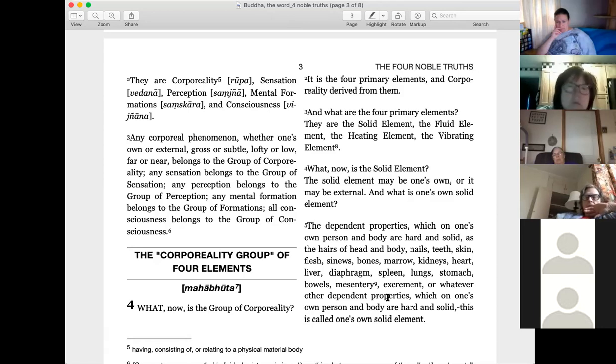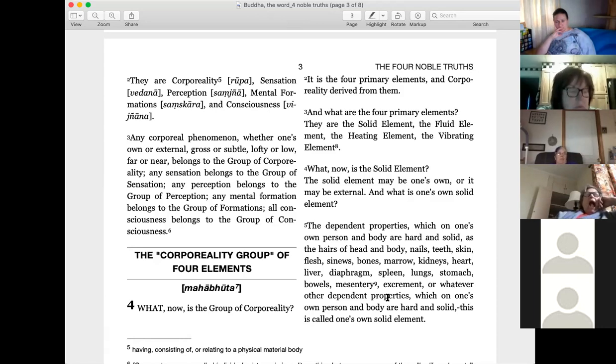So we need all 5 of those things working together to have what we call a human experience. And we would probably continue to say that any sentient being on our planet would require those 5 things in order to have an experience in this world.